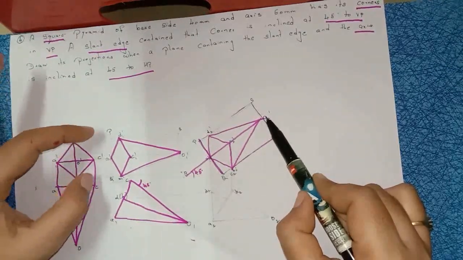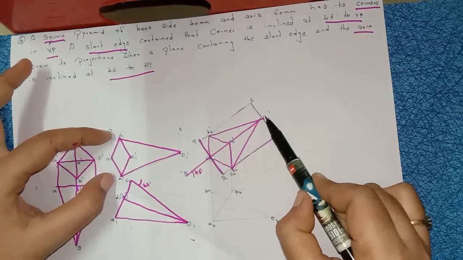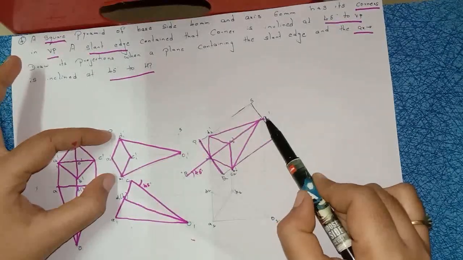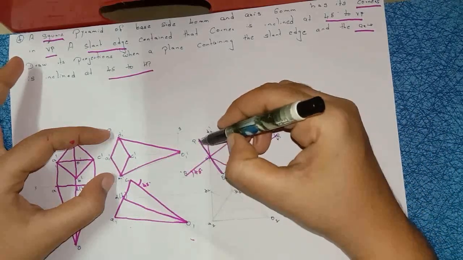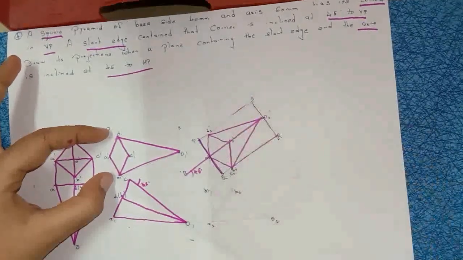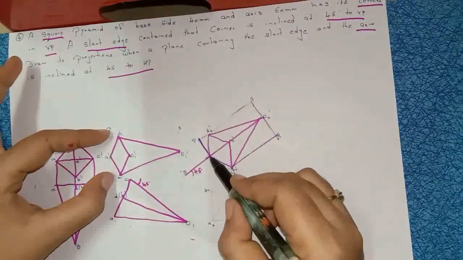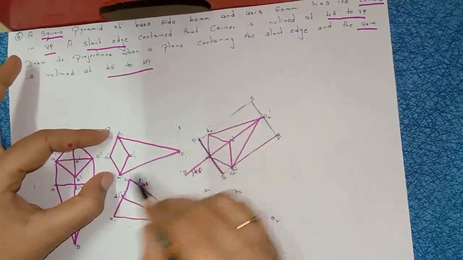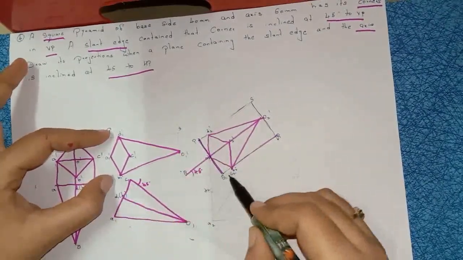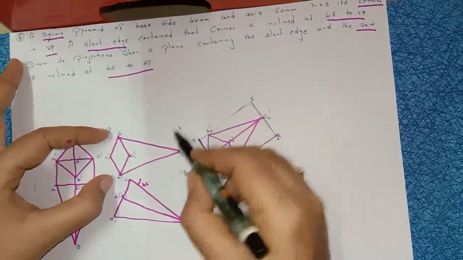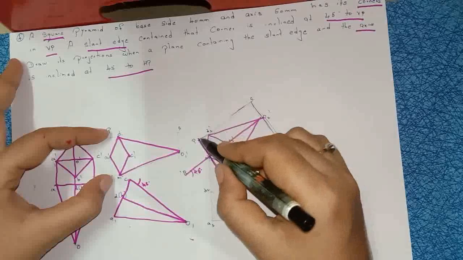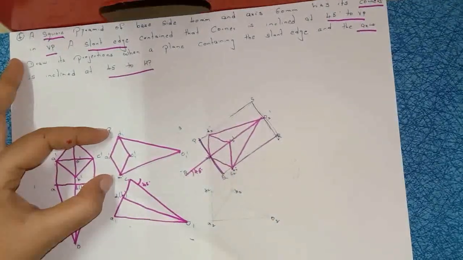Then next, take this PQ by trial and error method. Just draw the PQ line first. Right? Now, Q to R. Take this distance. Keep your protractor here. Mark 90 degrees. Q to R, R to S, P to S. Right?